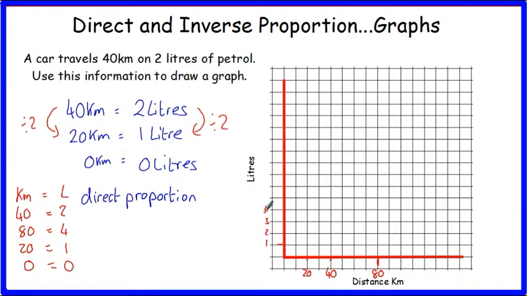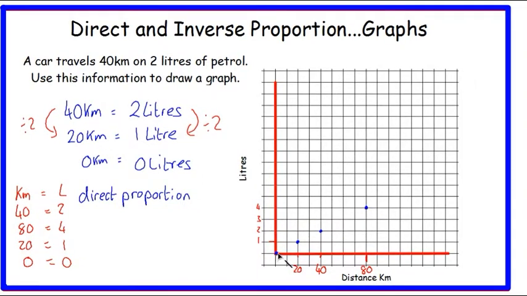So 20 kilometers is 1 liter, 40 is 2. We'll stretch this out a bit more, maybe. 80 is 4. And that graph will look like this.